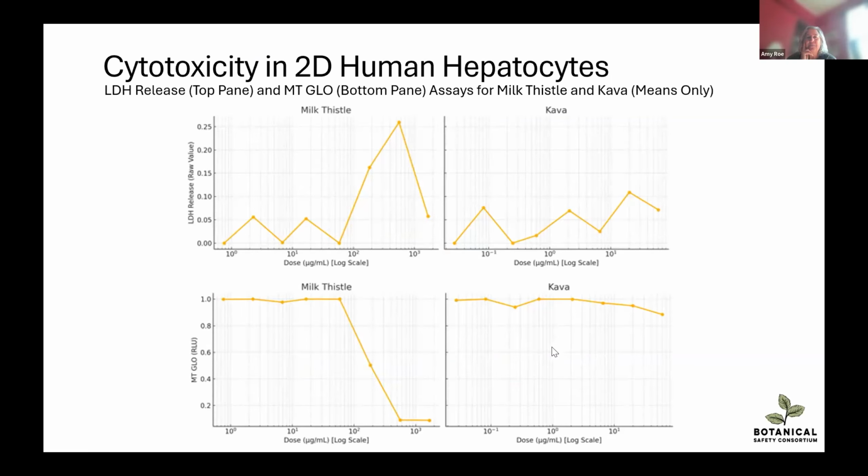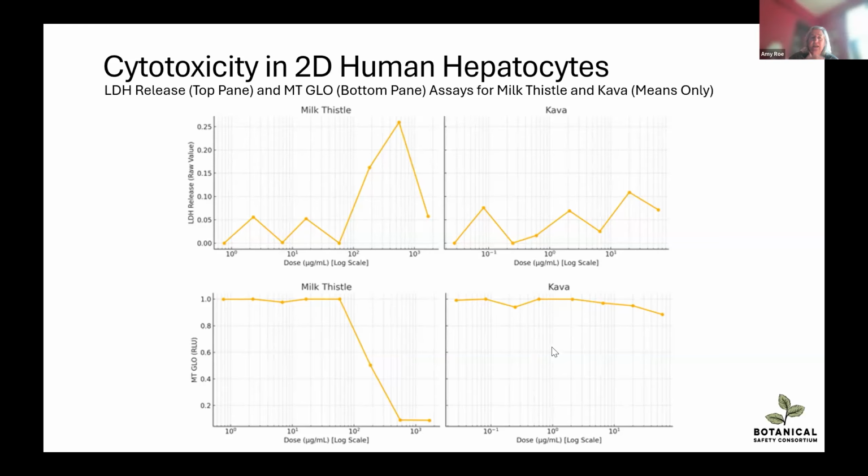In the top pane, you'll see LDH release data, and I'm showing you milk thistle and kava here. Milk thistle is our negative control, kava a botanical where there have been some reports of potential hepatotoxicity. And in the lower pane, we're looking at an MT glow assay, which is a way of measuring cell viability.